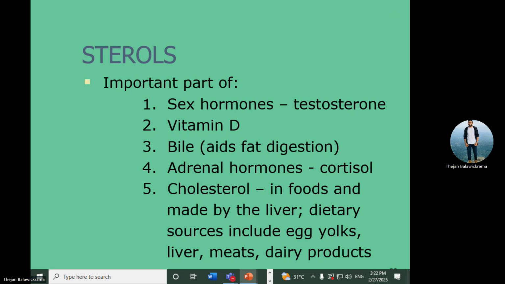Sterols. Speaking of the functions, hormones like testosterone, vitamin D, bile, adrenaline hormones, cortisol. We have a separate list for hormones. Cholesterol, we talked about that.